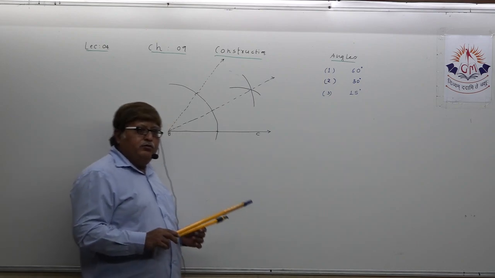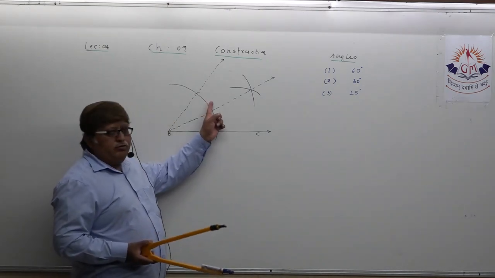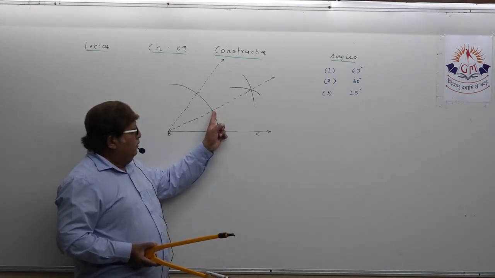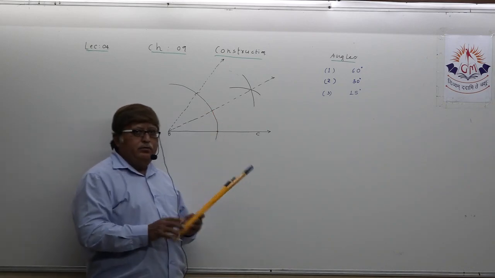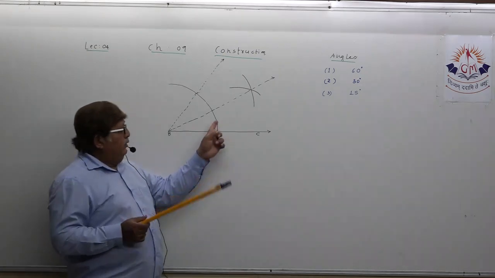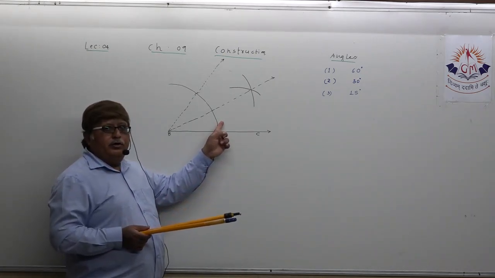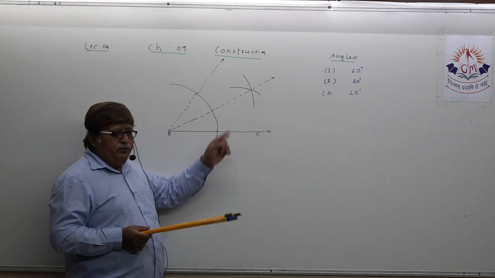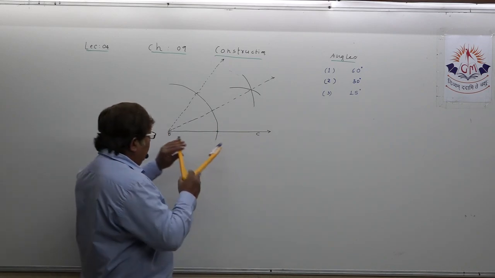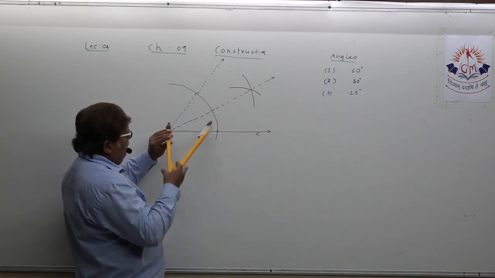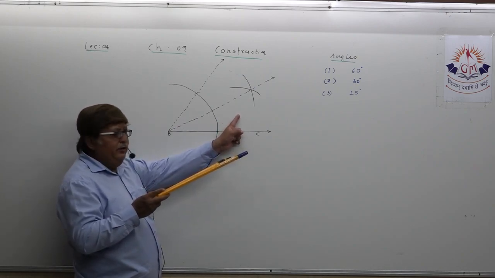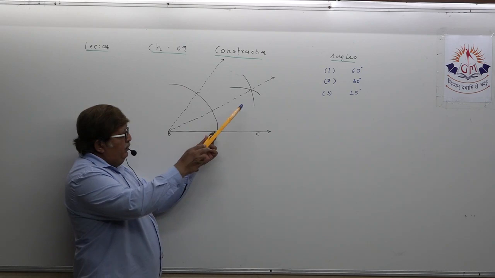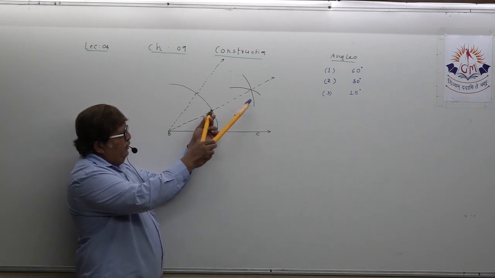So now what you should do? This is 30. This is also 30. You still have to bisect the angle of 30 degrees again. So for that purpose, again keeping the same radius, you have to draw arcs inside the 30 degrees, one arc from here and one arc from here.